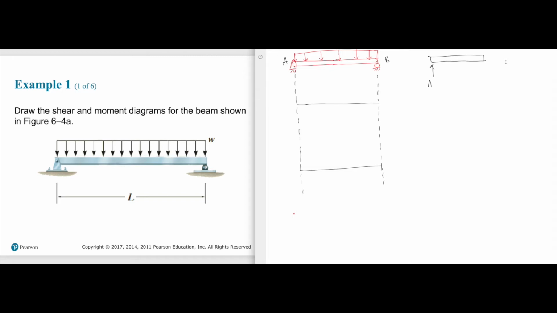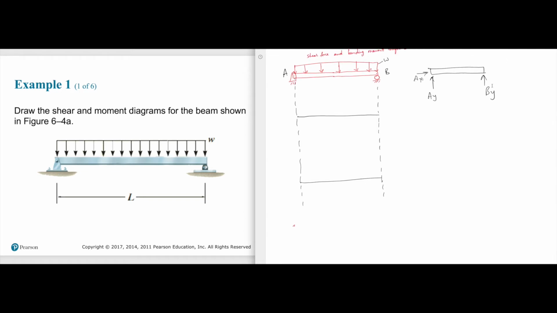At A, you have AY, AX, at B, you have only BY, and this distributed load is W. The length is given as L. That means we can draw an equivalent load, which is W times L, acting at the center, at L over 2.